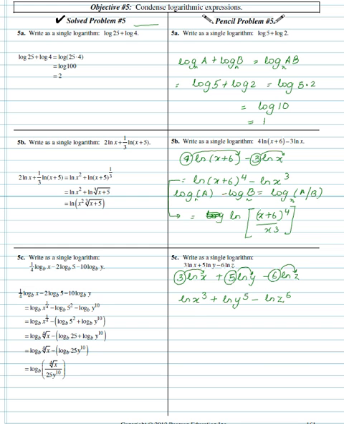Addition of logs becomes multiplication. So this becomes ln x cubed times y to the power 5, minus ln z to the 6. Subtraction of logs becomes division of logs. So x cubed y to the 5, the minus becomes over z to the power 6.